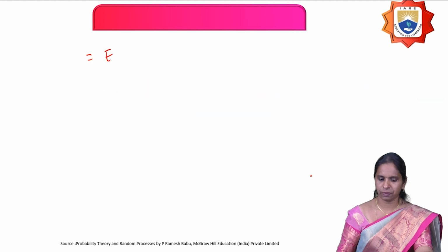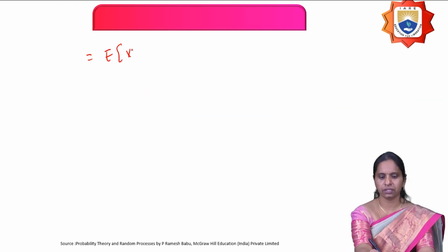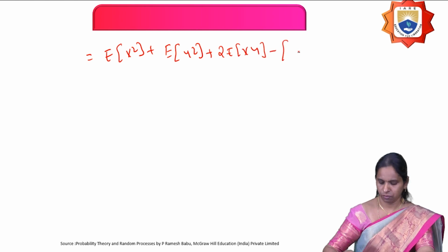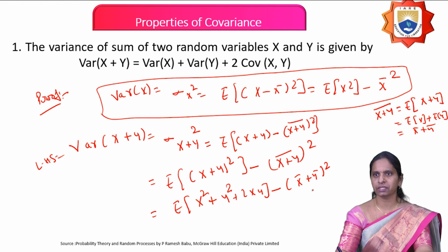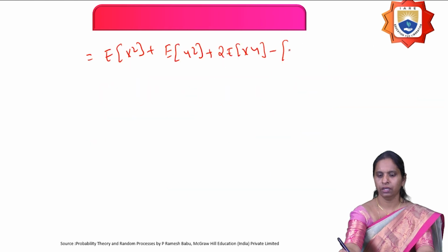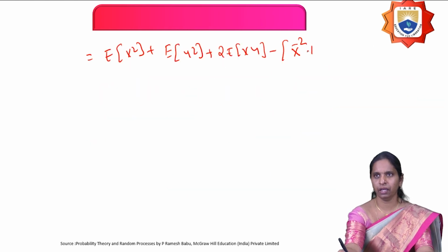Now we can write this expression as E of x square plus E of y square plus 2 into E of xy, minus (x bar + y bar) whole square. Writing down the (a + b) whole square formula, that is x bar square plus y bar square plus 2 into x bar into y bar.